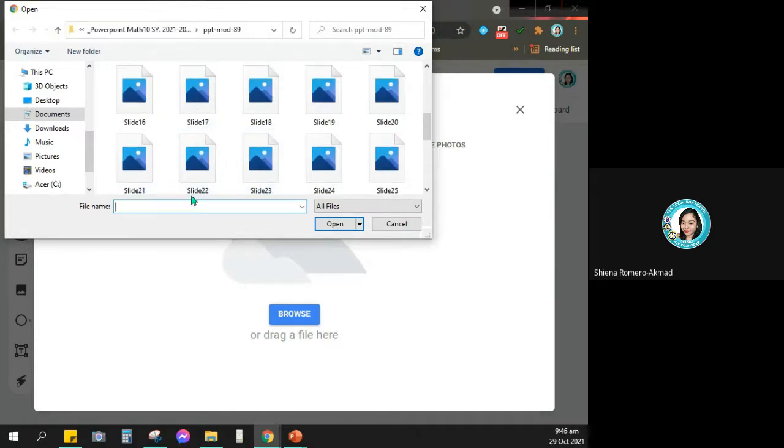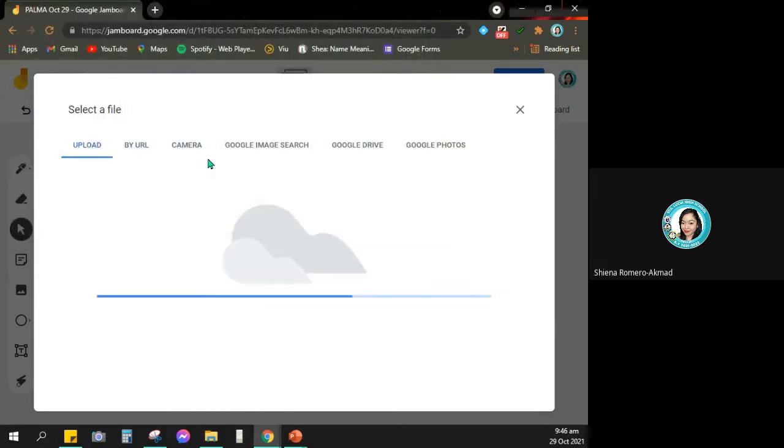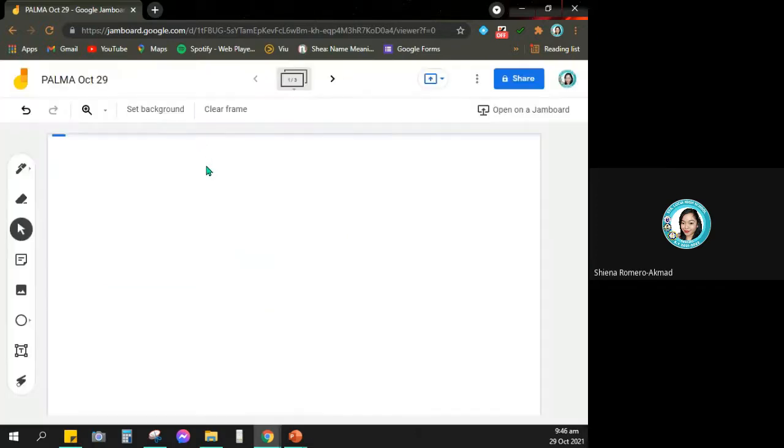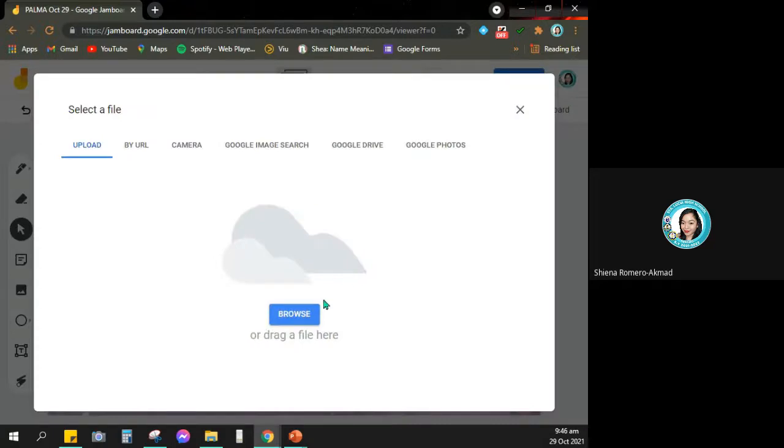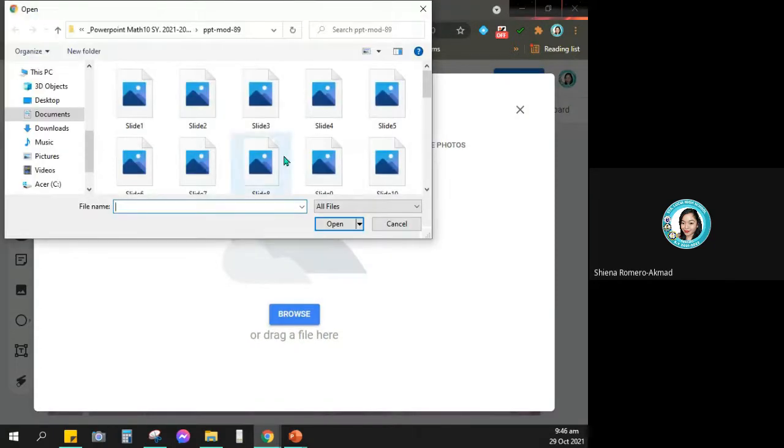DC. DC. Tingnan natin sa 12. Hindi siya. 13. Nanguhula ko yun.